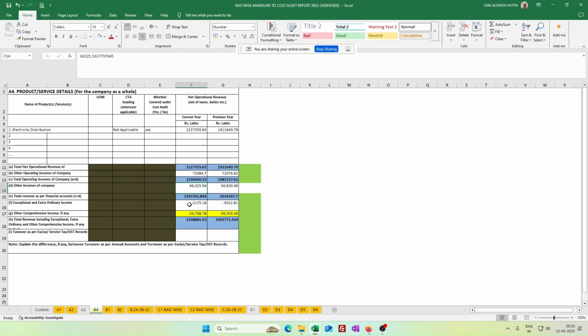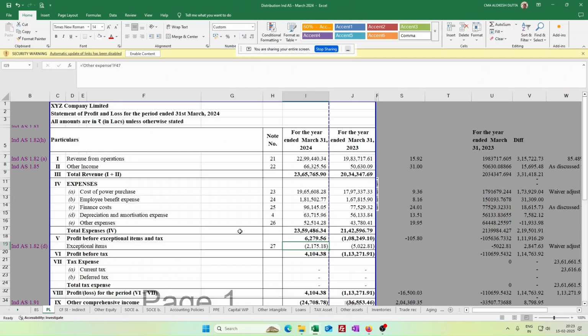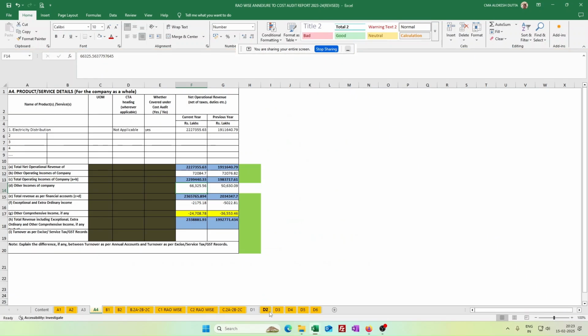Then this is other comprehensive income, which is also coming from here, 24708.78, a negative figure. Now this is the total revenue as per the profit and loss account, taking this into consideration, the profit and loss figure.